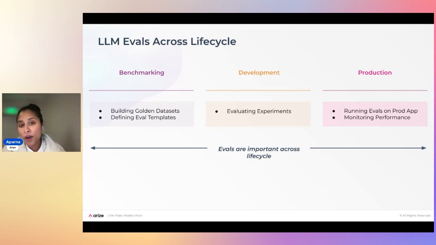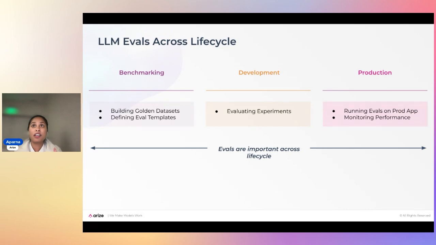Not all templates are going to be right for your use case, so you need to benchmark on your own golden data set for your own domain-specific application. Once you're done benchmarking that eval template, as you iterate and develop your application, we see folks using those evals in development as well as in production. And that line can get really blurry.